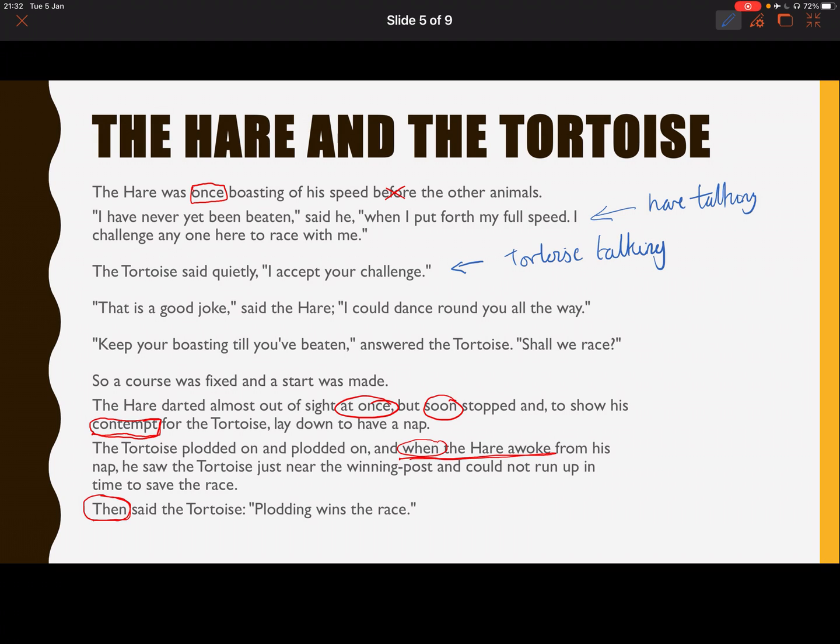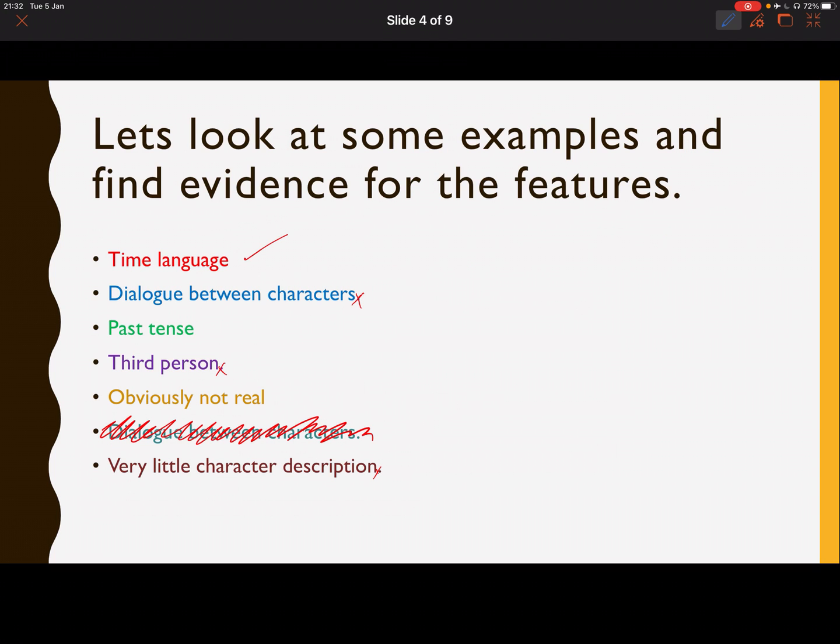You don't need to show me all of them, just show me an example of dialogue. Dialogue means two people talking. Dia means two. Monologue means one person talking. Basically what I'm doing at the moment, just chatting to myself on an iPad because there's nobody actually in my lonely room. But dialogue, which is what we're looking for, is these two people talking to each other. So there's an example of dialogue.